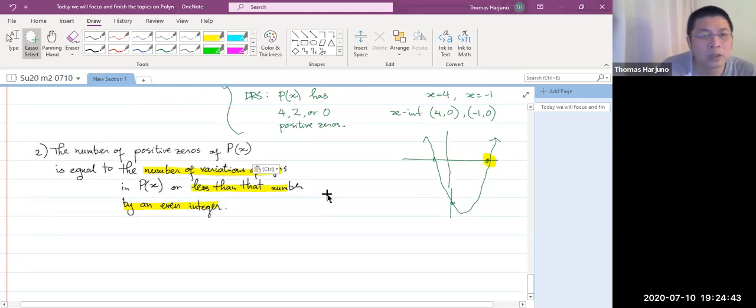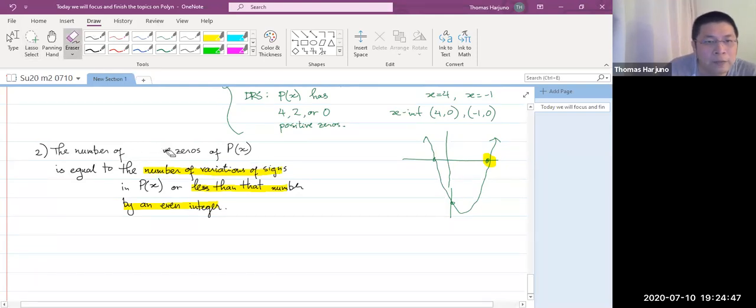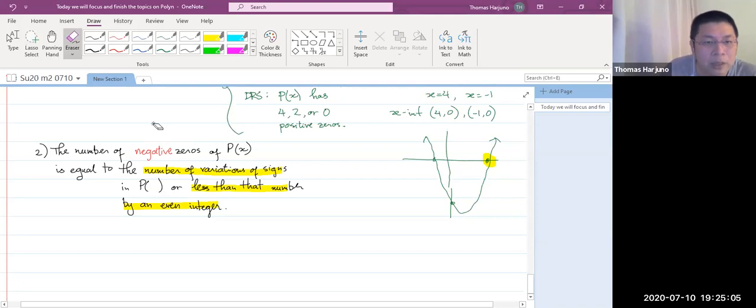The second part is the following: I change this to negative. The number of negative zeros of P(x) is equal to the number of variations of signs of P(-x), or less than that number by an even integer.